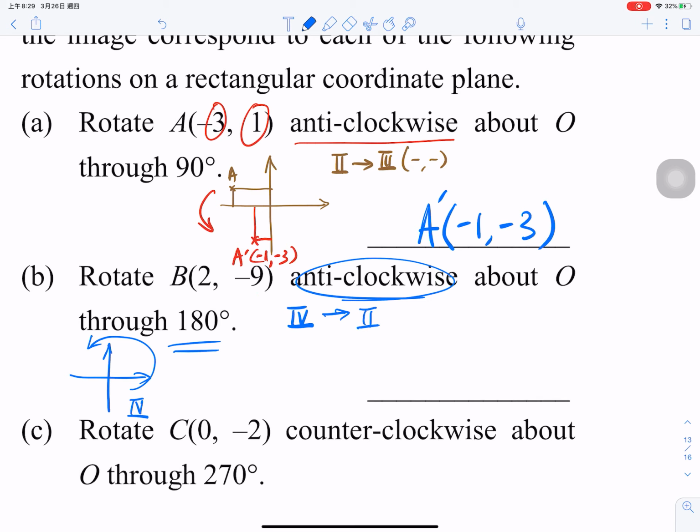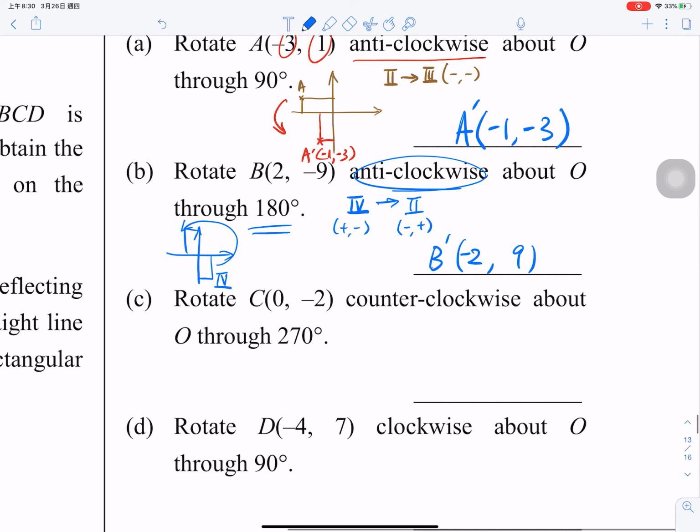Quadrant 4 is positive, negative, and quadrant 2 is negative, positive. Next, think about the rectangle. 2, -9 basically means like this. After turning, it becomes like this. So the length and the width are just the same, 2 and 9. And now -2, +9. So this is the image of B.